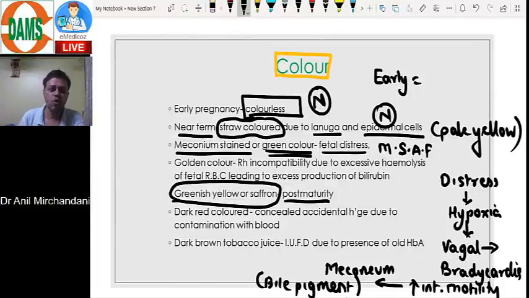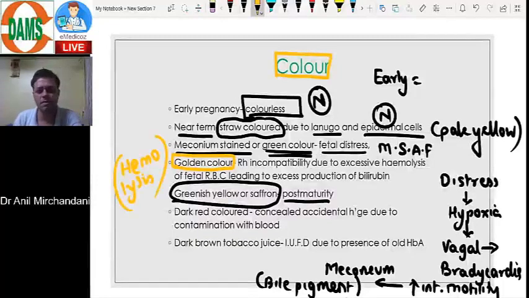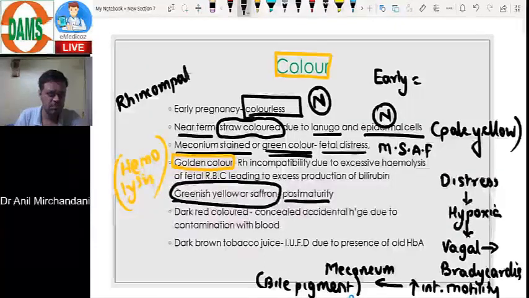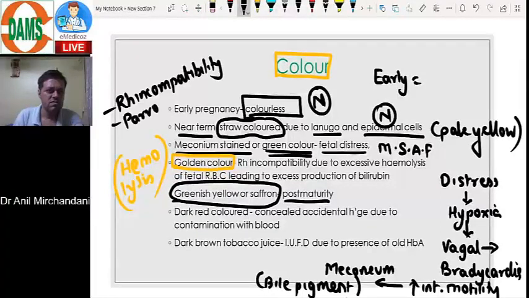Okay, then is golden color. Golden color amniotic fluid is seen in conditions where there is hemolysis. There is hemolysis in the baby and in the baby's blood, which would be seen in conditions like Rh incompatibility, parvovirus B19, cytomegalovirus.